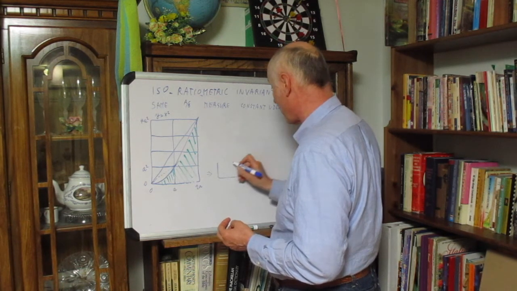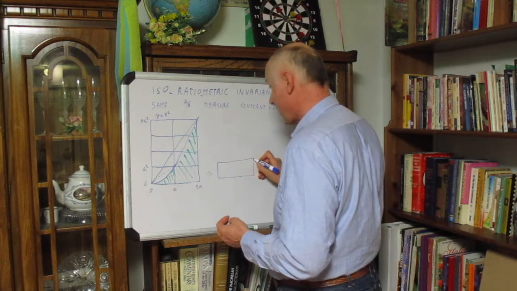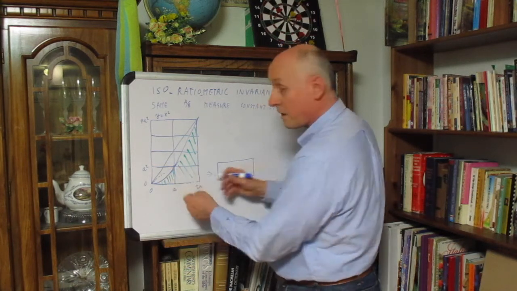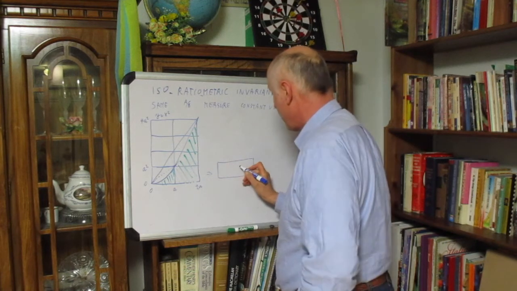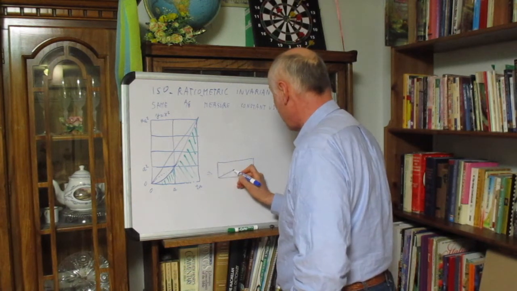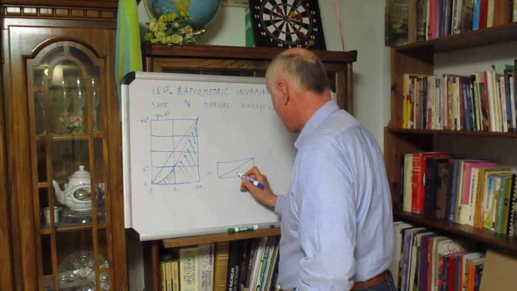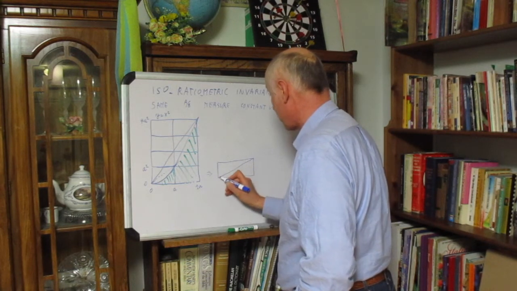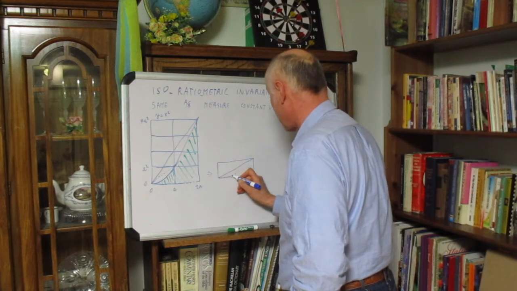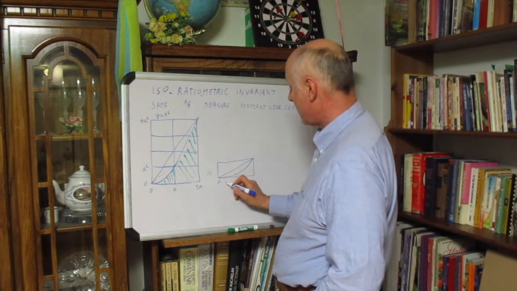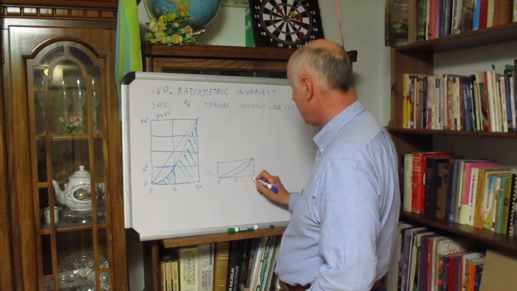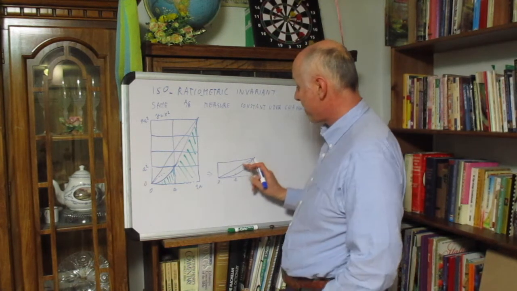We're going to double it, right? So this box here, we simply grab and stretch. And we're going to get our diagonal, and it's going to look like this. Okay, 0, a, 2a.